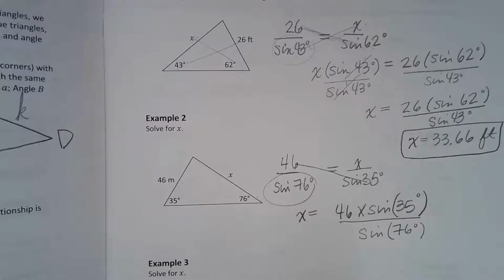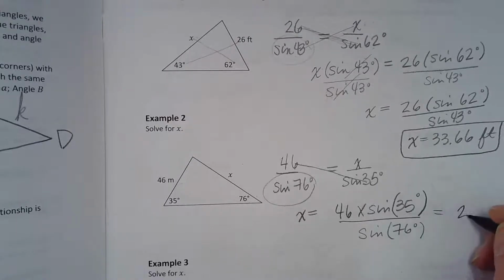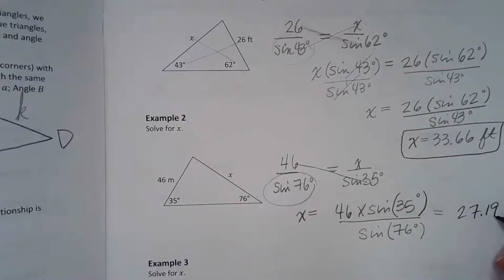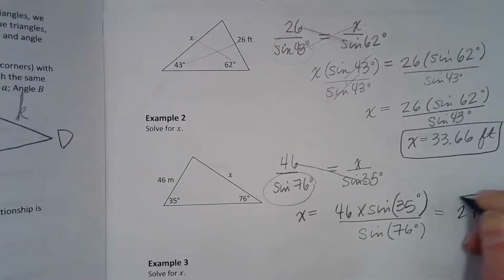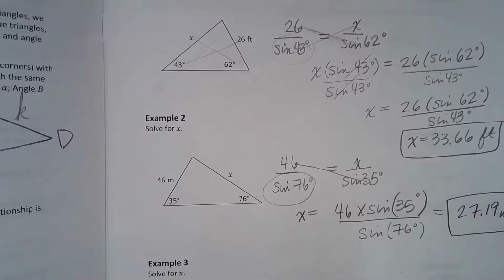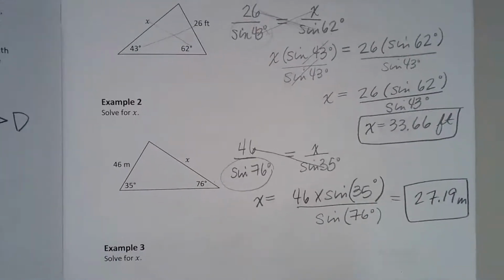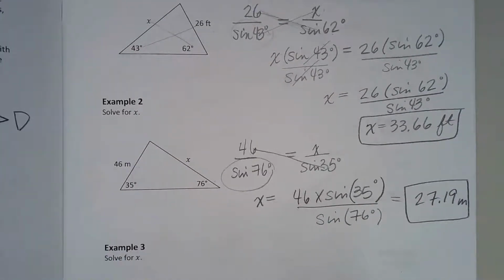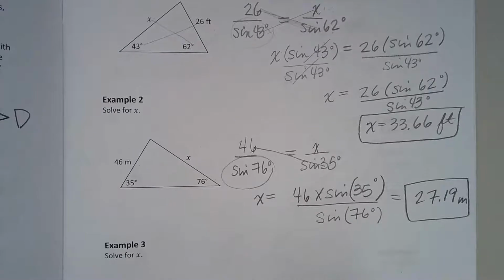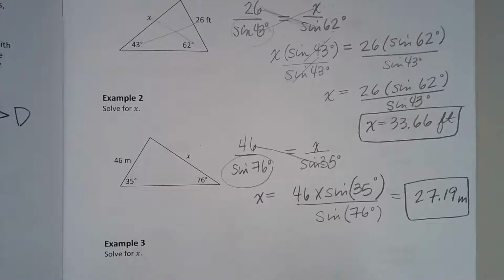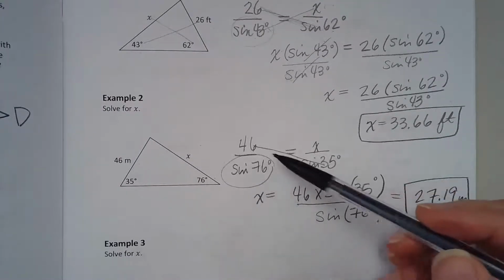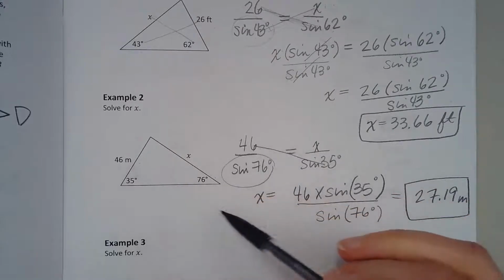So what do I get here? 46 times sine 35 divided by sine 76 is 27.19 meters. The ratios that you set up have to be set up with partners, right?